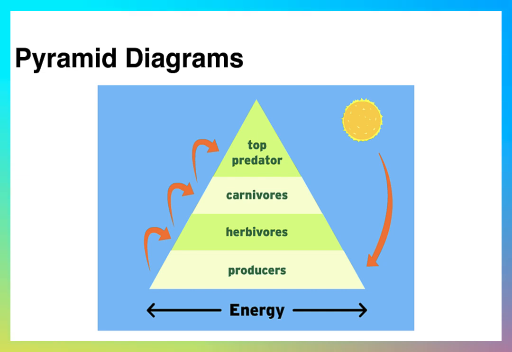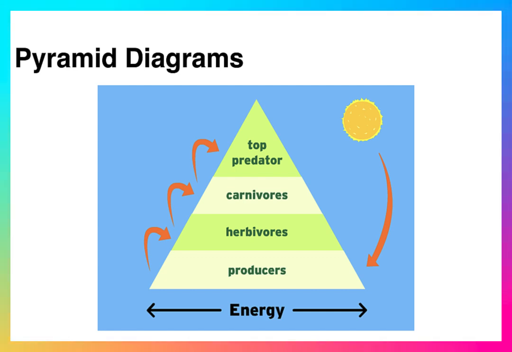So here's an example of a pyramid diagram. And the wider the base of the level, the more energy that's available in that level. And so you see at the bottom is the producers. Producers capture energy from the sun, and they have the widest or the largest amount of energy.